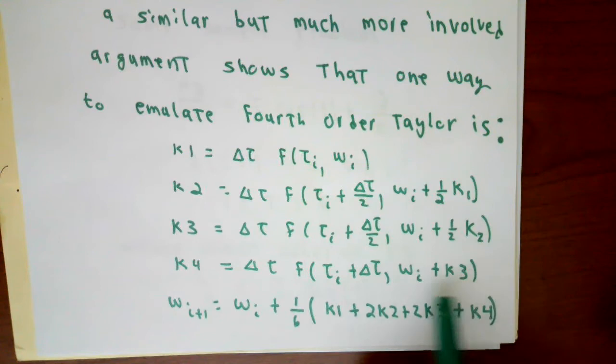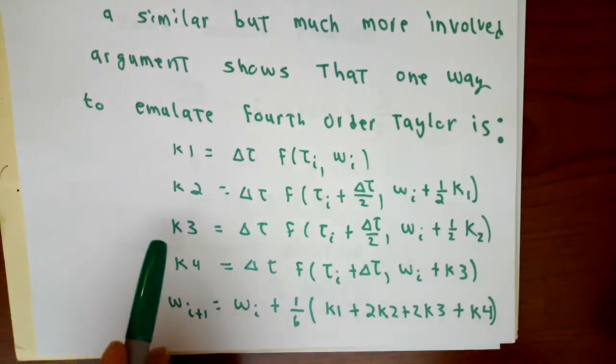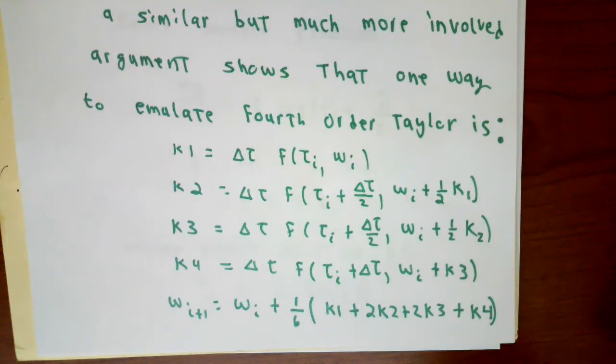And in the second slot, you write down wi plus K3, the current approximation to the solution plus this K3 quantity. If you let wi+1 be wi plus 1/6 of K1 plus 2K2 plus 2K3 plus K4, then this method is going to be called the Runge-Kutta method of order 4.